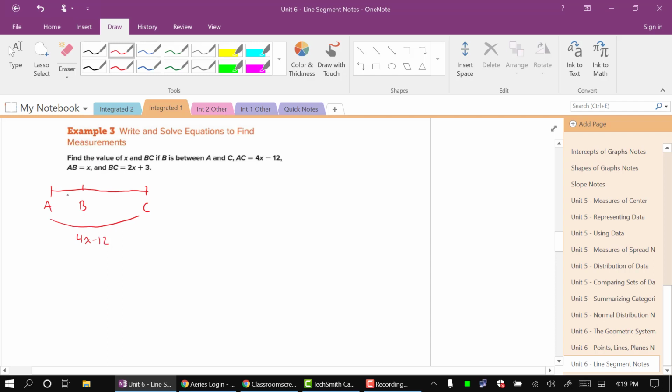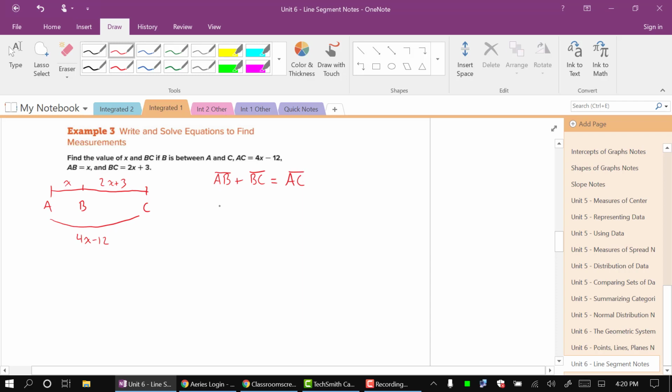AB, this first part, is just x. BC is 2x plus 3. We're going to have to solve for x, using the same idea: AB plus BC equals AC.